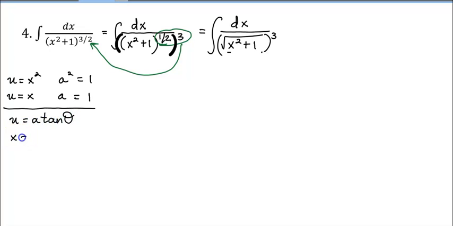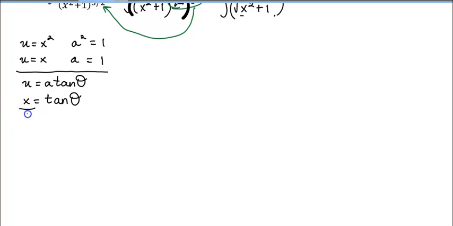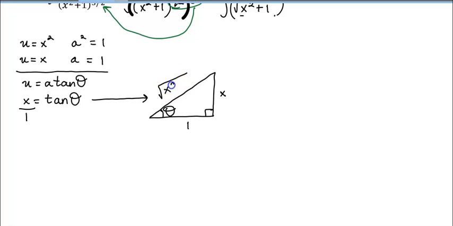We know that u is x and that a is 1. So x is equal to tan theta, which is x over 1. Note that that does automatically give us a right triangle. We're using SOHCAHTOA. I assign the opposite side of theta to be x and the adjacent side to be 1, which does give me a hypotenuse of the square root of x squared plus 1.